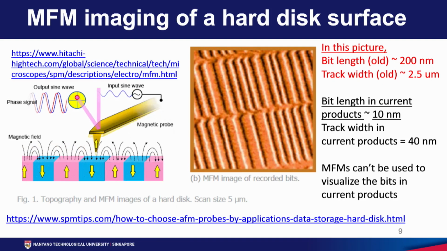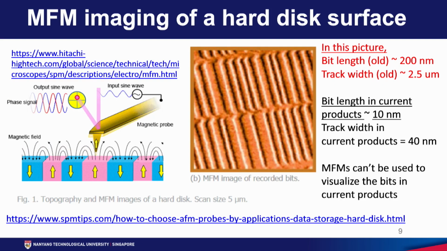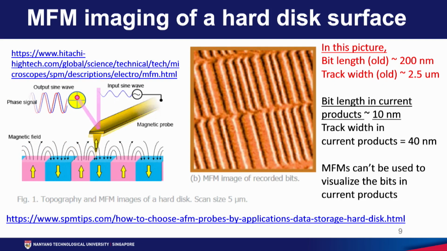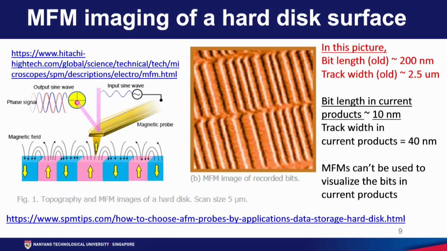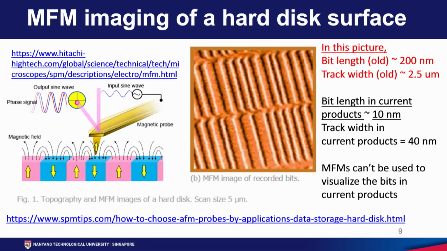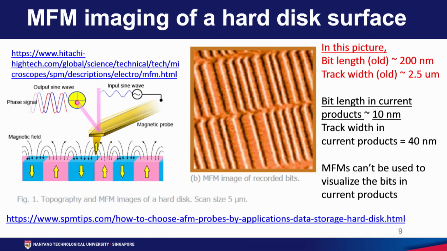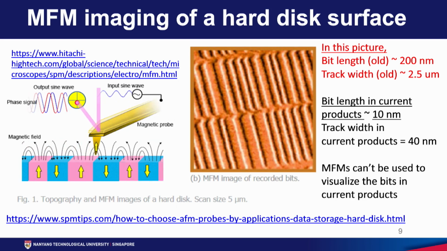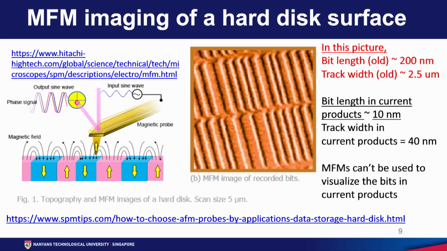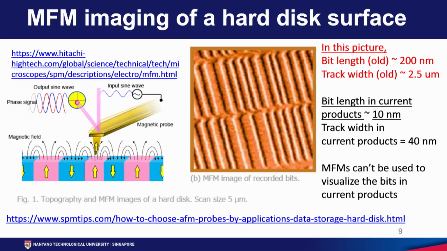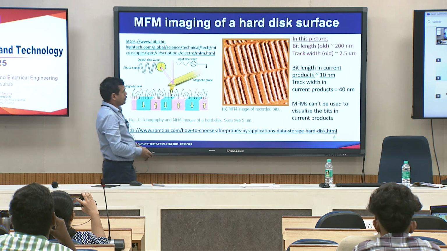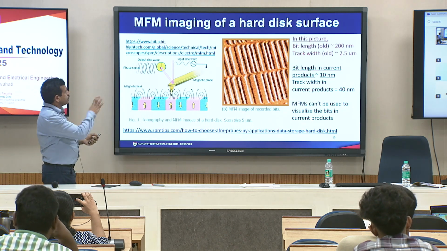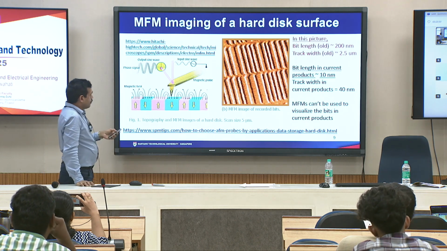In the mid 1990s you could measure the bits using MFM, but in current technology this length is only 10 nanometer and the track width is only 40 nanometer. 10 nanometer is even beyond the resolution of MFM. You cannot use MFM to visualize the bits like you did in the past. So, this is the kind of growth that is happening.